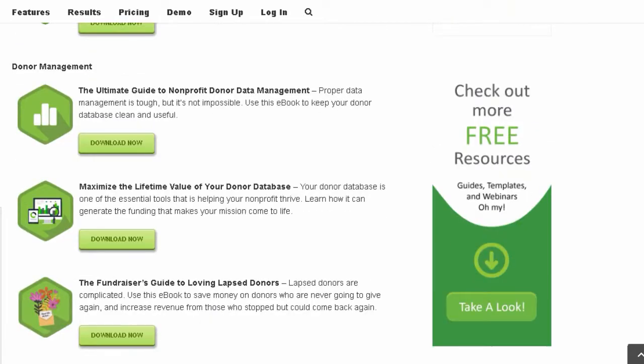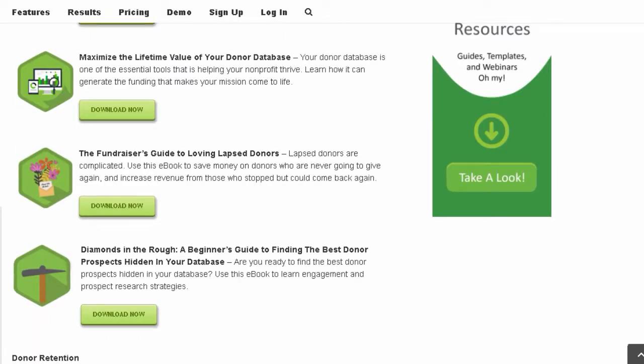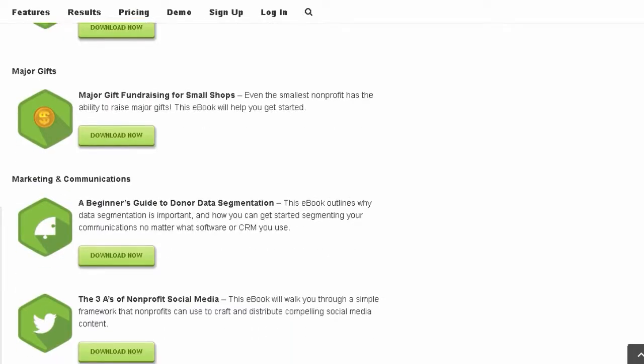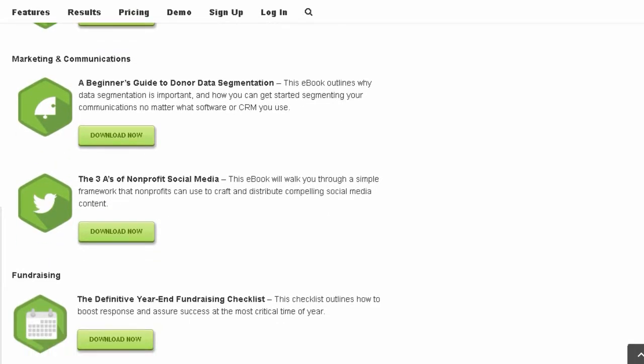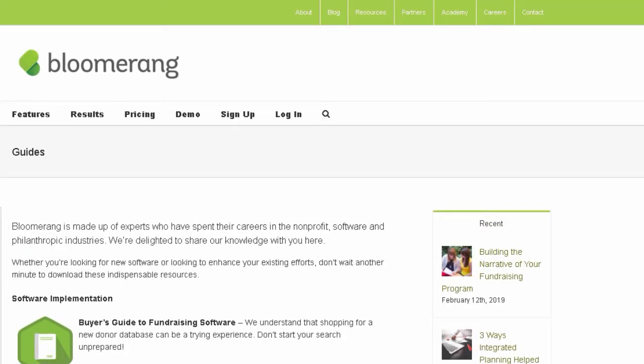Different subject matter topics that you can download and read on donor retention, major gift fundraising, marketing and communications, year-end giving, and some of the materials that we've published.